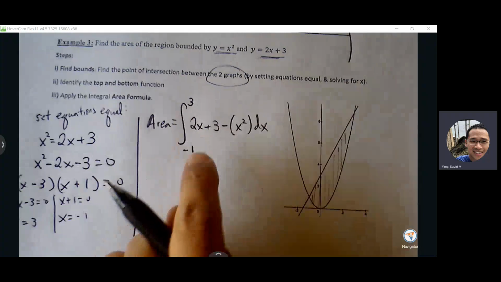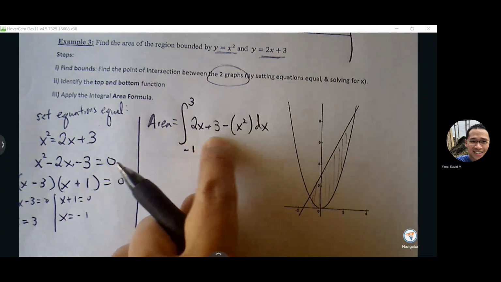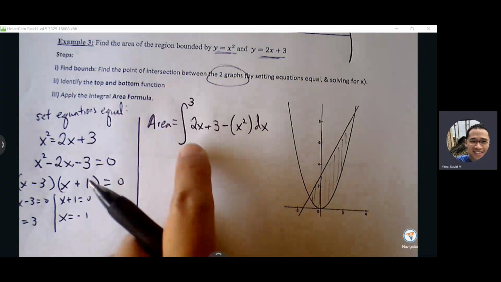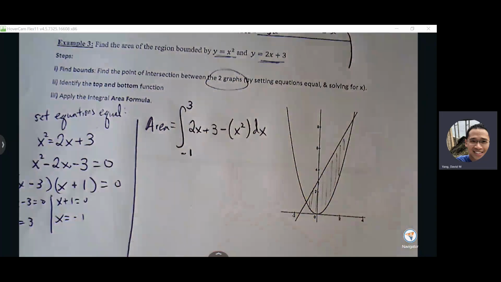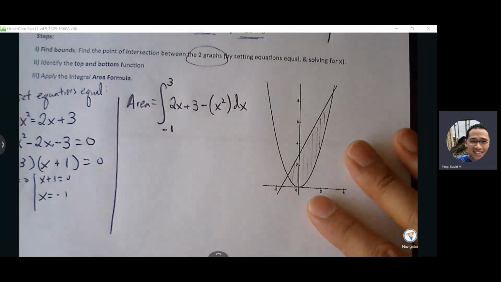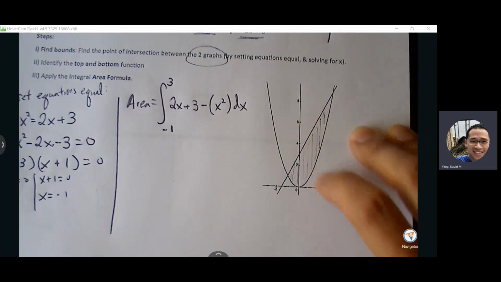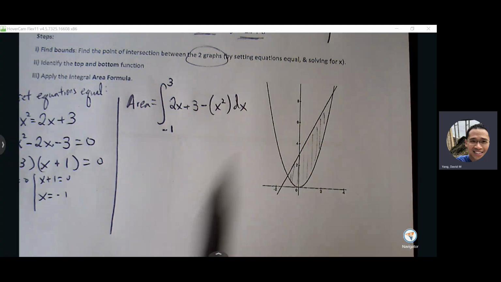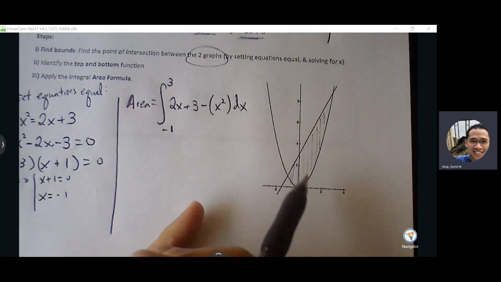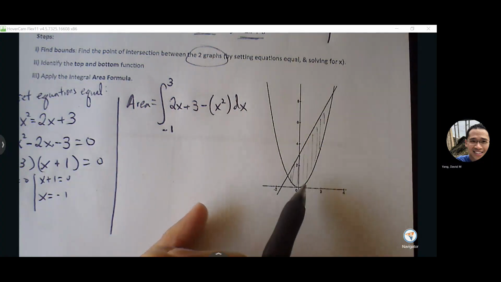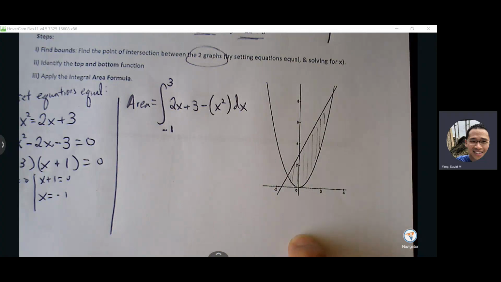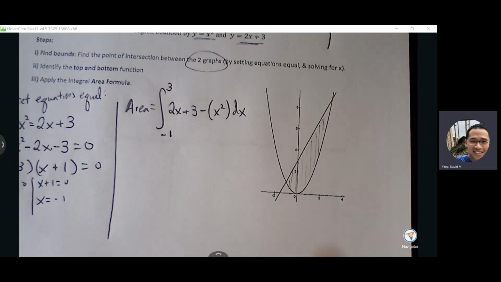Okay, so this is easy enough for us to just rely on power rule to find the antiderivative. We do power rule, and then we work in the bounds, and then whatever number we get in return. Now we're guaranteed to get a positive number if we're doing this right. Now, what if we accidentally got these two mixed up? Then we will get a negative number, but I can just get to the right answer by changing the sign, right?